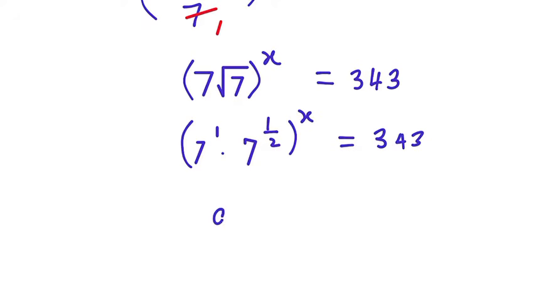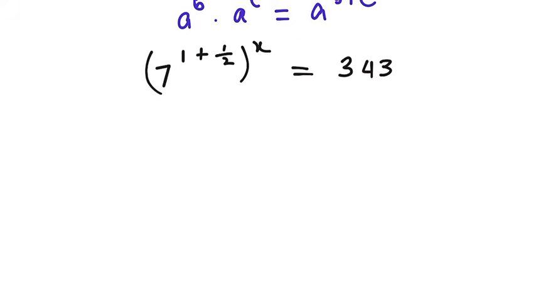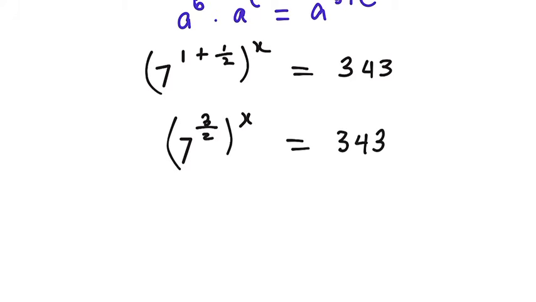From the law of indices, when you have a to the power of b multiplied by a to the power of c, this is going to be a to the power of b plus c. So you're going to have 7 to the power of 1 plus 1 over 2, all to the power of x, equals 343. That will give us 3 over 2, then all to the power of x, equals 343.